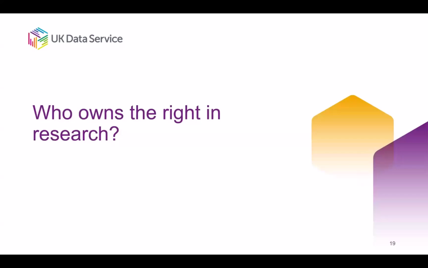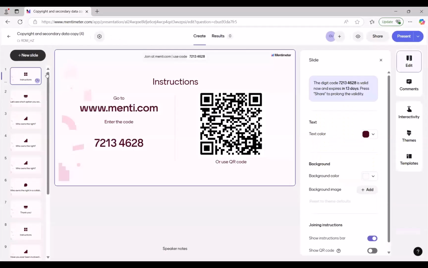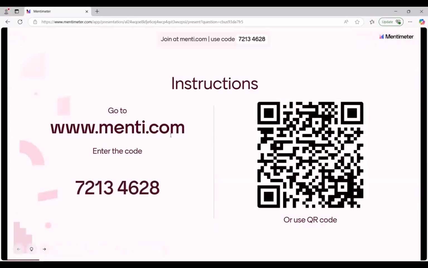So then there is a very quick activity on the Mentimeter. Who owns the right? If you could just join the Mentimeter by following this link and entering the code, or you can use this QR code from the camera of your mobile.